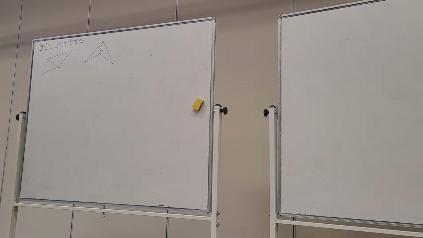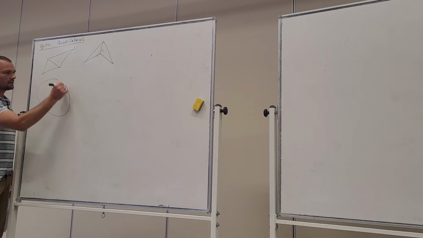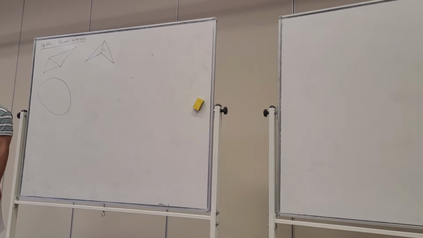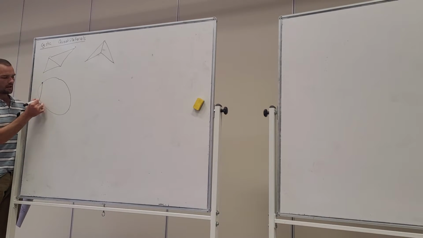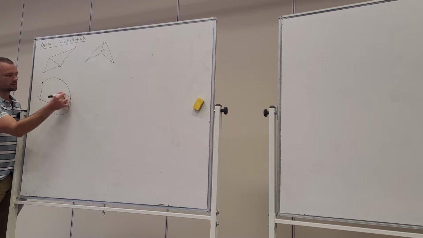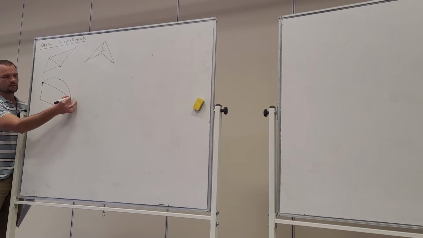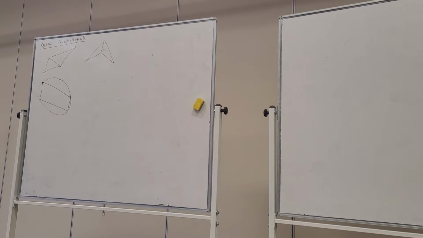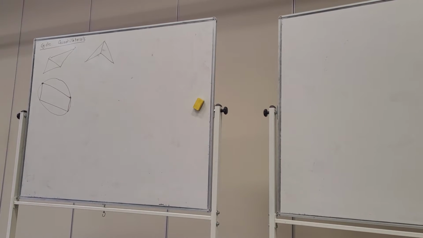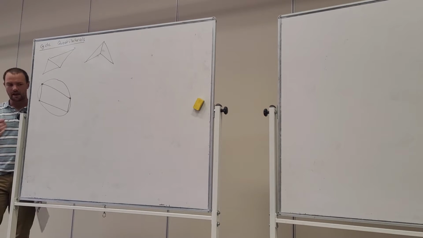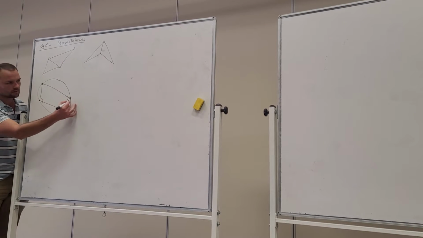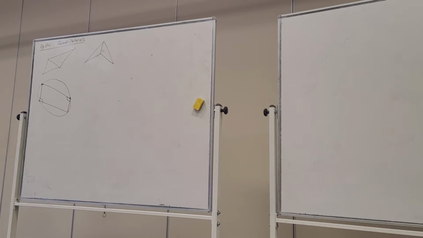When we're talking about a cyclic quadrilateral, it is a quadrilateral that's drawn within the circle, and all vertices are on the outside of the circle. Okay? So all points are on the outside of the circle, and the shape lies completely within the circle. Now, this has the special property that opposite angles are supplementary.